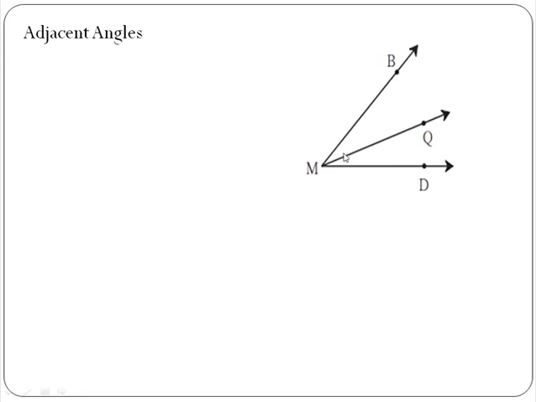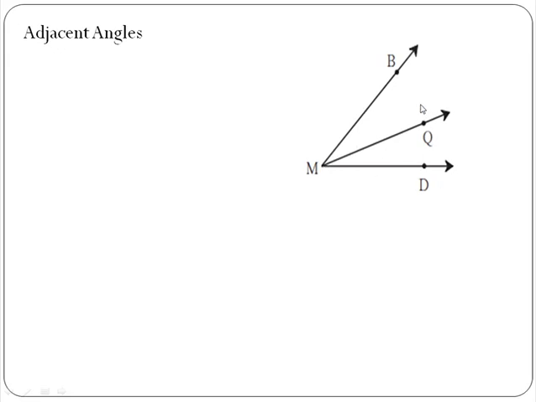Here angle BMQ and angle QMD have common arm MQ, and they have common vertex, point M. Their interiors are separate. That is, any point in the interior of angle BMQ does not lie in the interior of angle QMD.